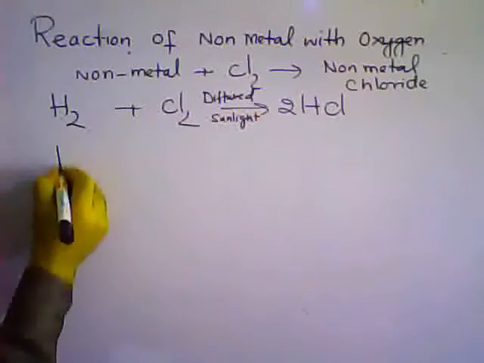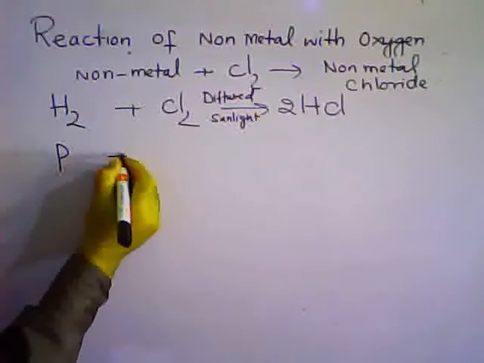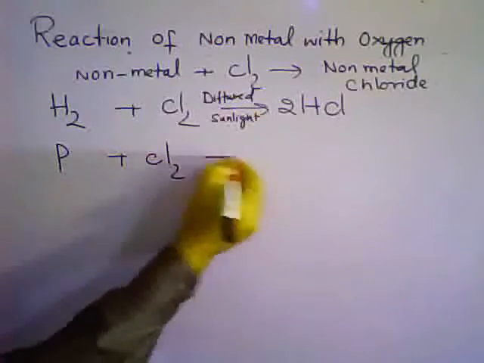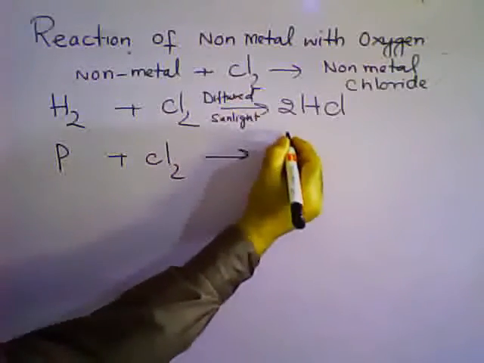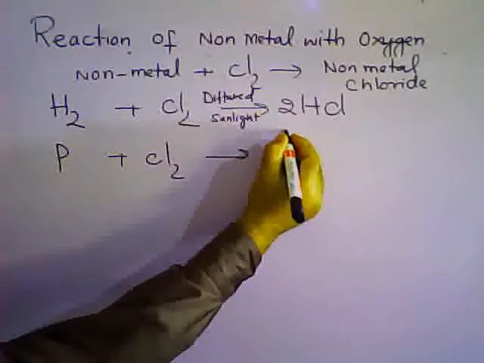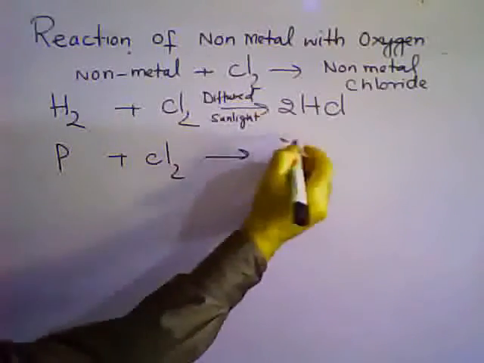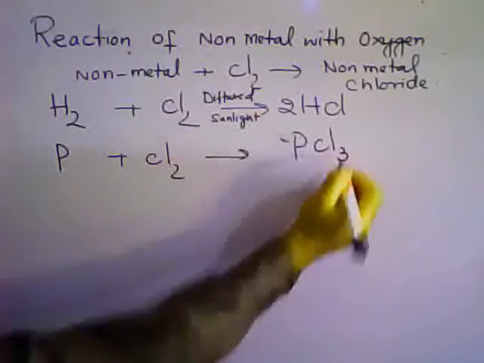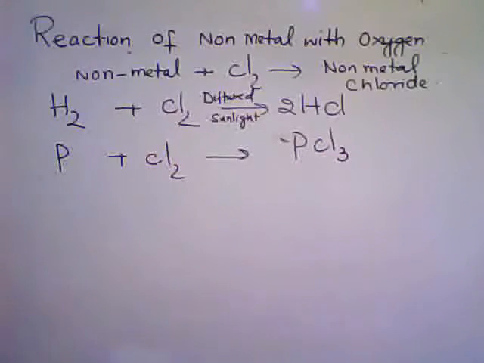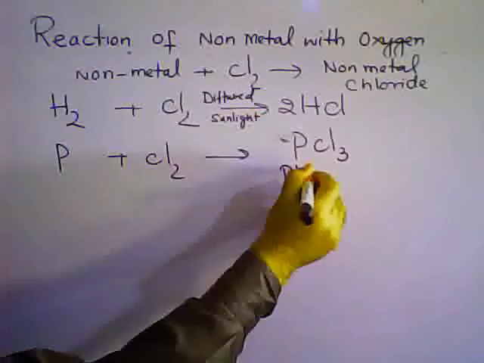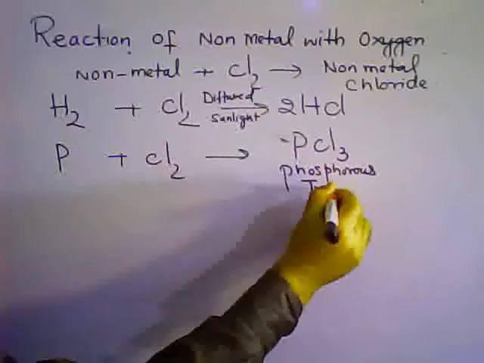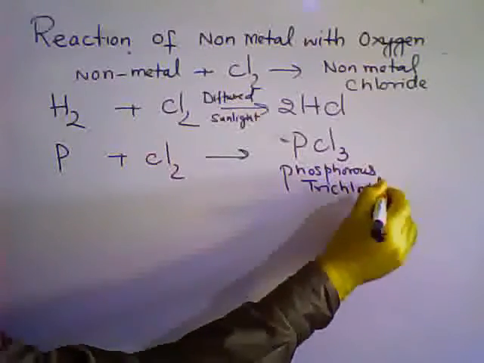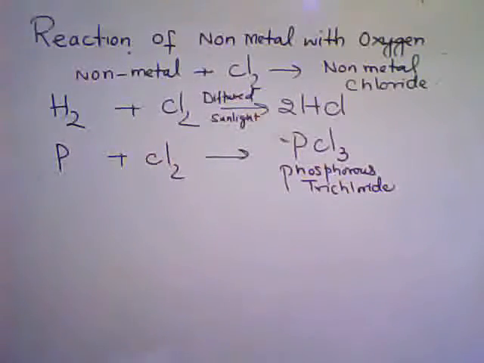Similarly, we have phosphorus. This phosphorus will react with chlorine, and it will form a product that is known as phosphorus trichloride, PCl3. So that is phosphorus trichloride. Okay dear, now balance it.